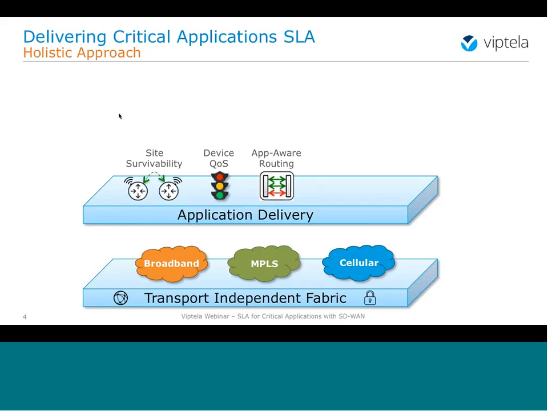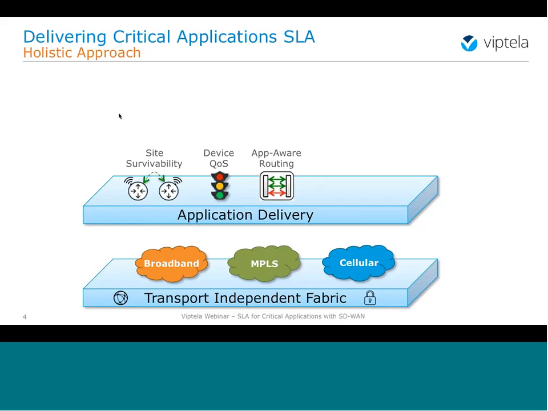Now, when you go past the individual device QoS characteristics, this is when you start looking at network-wide QoS characteristics. Here at Viptela, we call that set of functionalities application-aware routing, which means that you want to make sure that the routing of the traffic in your fabric is done in a way that is sensitive to the changing conditions of the underlying transports.